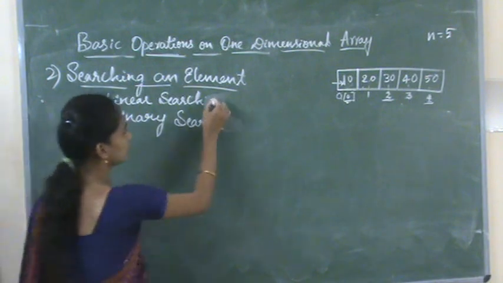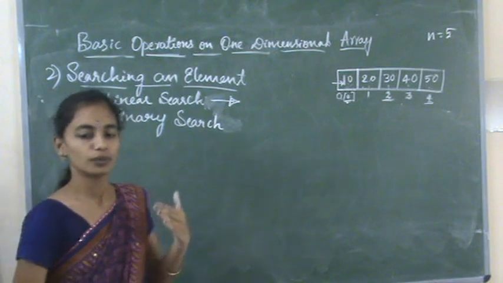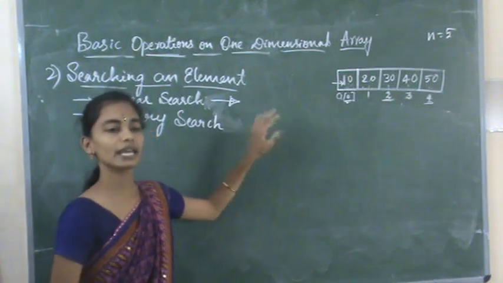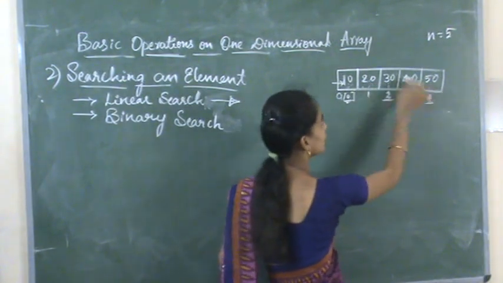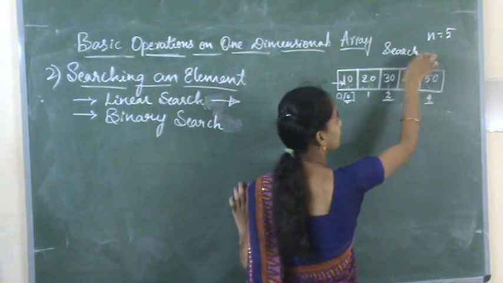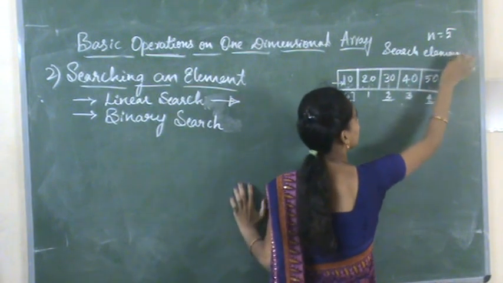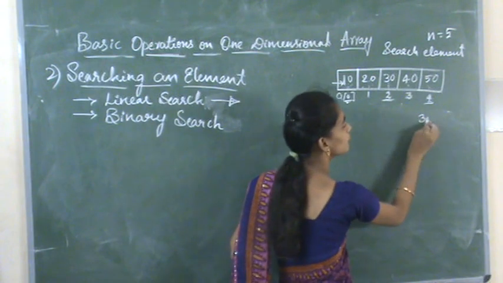Linear search is the simplest method in which each element in an array is compared to the search element. For example, suppose I am searching for the element 30.